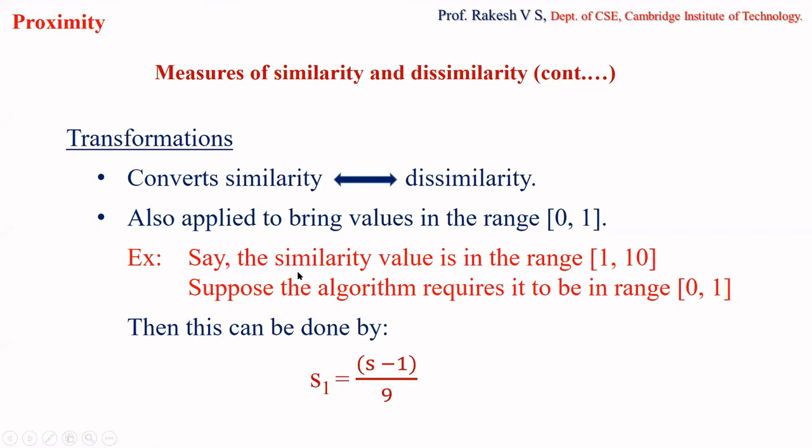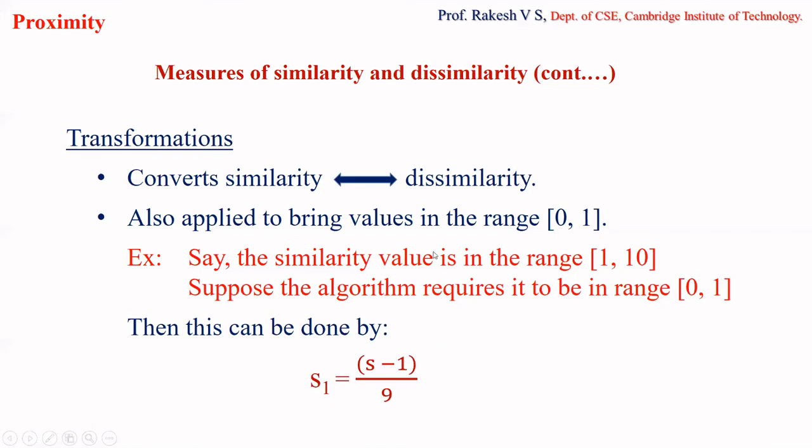Now, if I want to get this into the range 0 to 1, I can apply the transformation given below: S1 equals (S minus 1) by 9. Say suppose my similarity is 5. Then 5 minus 1 is 4, and 4 by 9 is what I take. That will give me a value within the range 0 to 1. That is the transformation applied. This is a simple example I have taken.